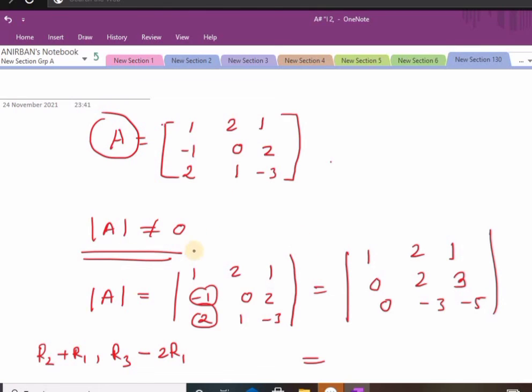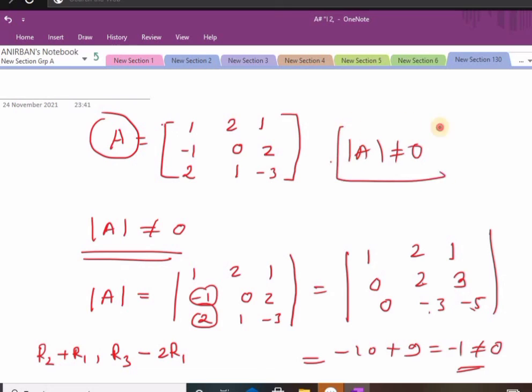The determinant will be minus 10 plus 9, that is equal to minus 1, which is not equal to 0. So the determinant of A is not equal to 0, so the rank is 3.